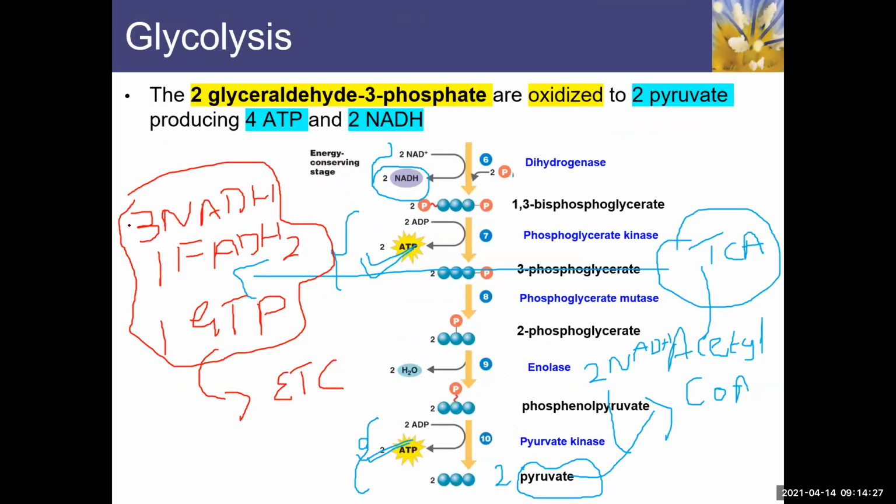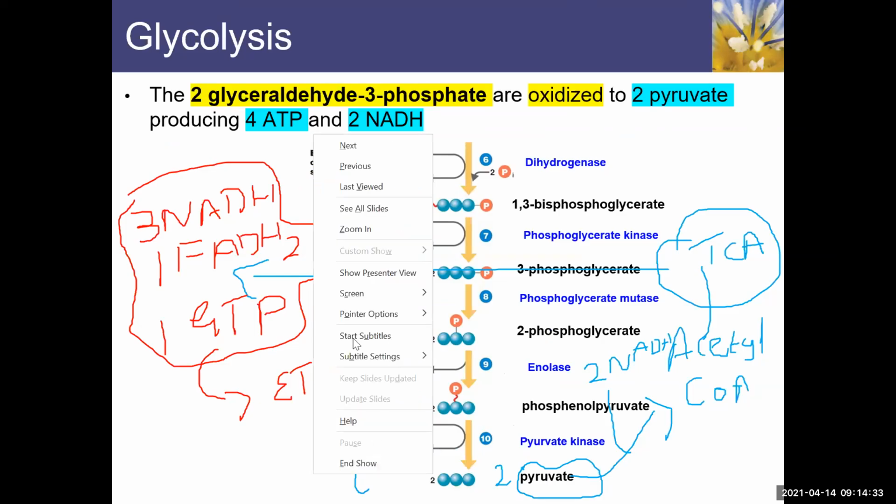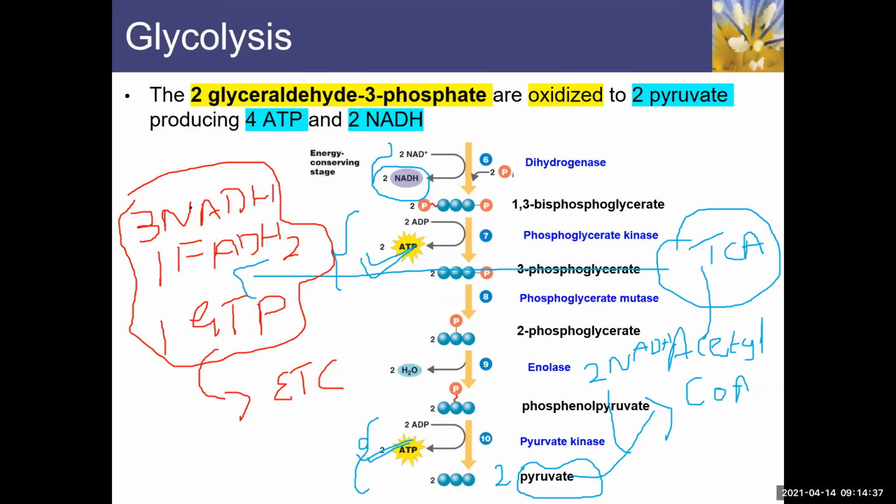So if you remember 3 NADH, 1 NADH is equivalent to how many ATPs, guys? Can you convert all these into ATPs? We'll have 3 ATPs here. So 3 into 3, isn't it?